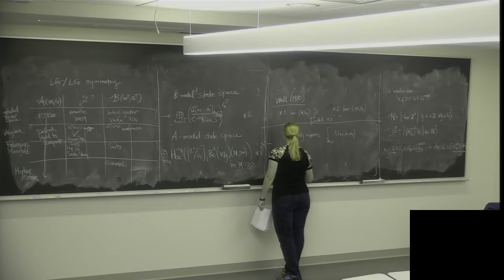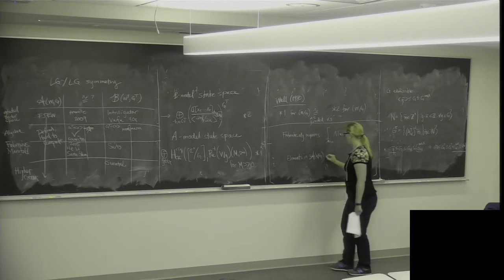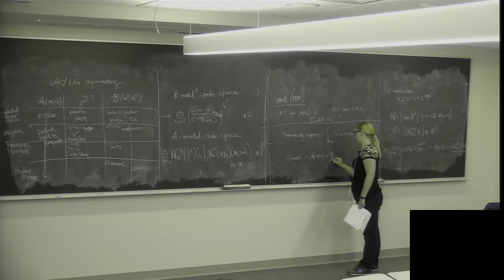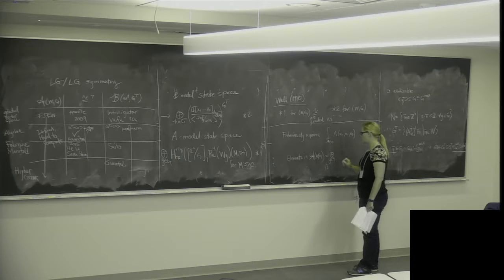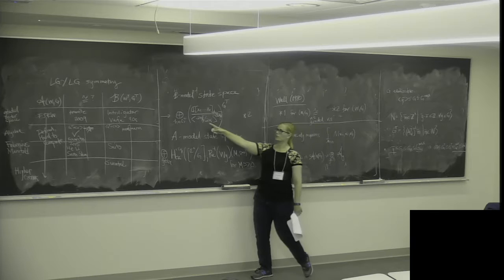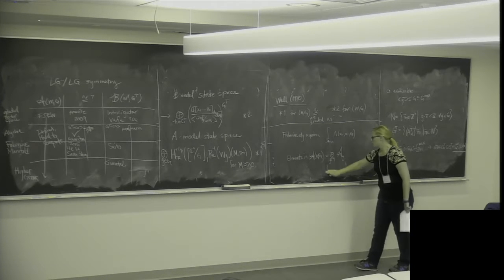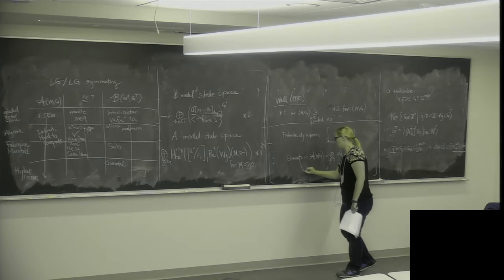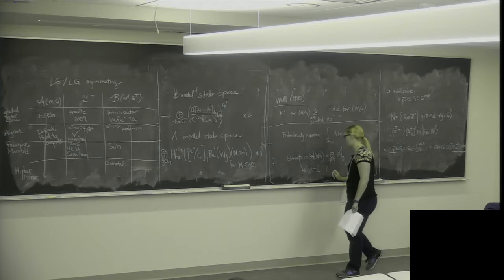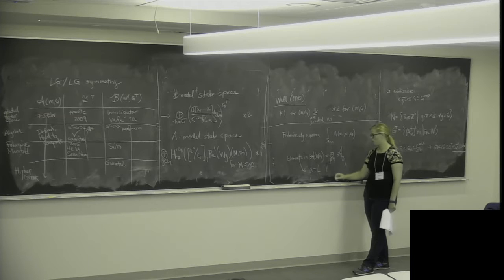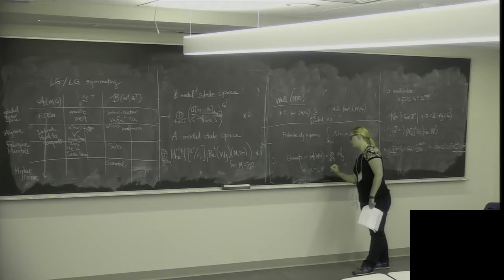So elements in an A model, for example, recall that this is a direct sum over group elements of these little sectors. I'm just going to use this notation A sub G to denote this whole thing. And we're going to use notation for a particular element, alpha, will be comprised of a monomial, which comes from the Milnor ring, so we'll call that, say, M, and then the group element whose sector it's in.